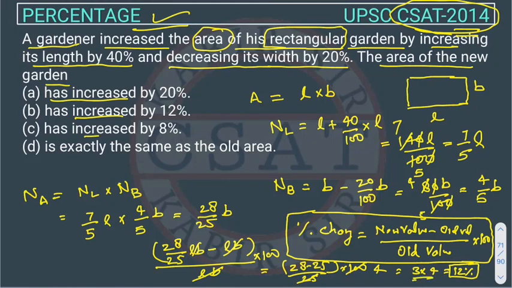Because this is plus, not minus, the area will increase, right? Because we are getting a positive value. If we were getting a negative value, then the change would be decreasing. So the answer will be option B, increase by 12%.